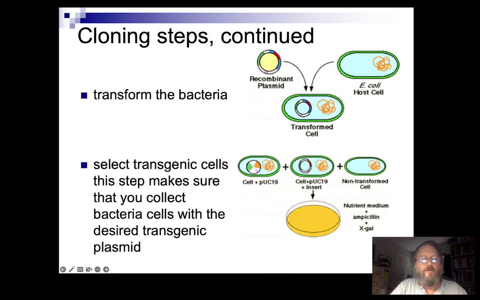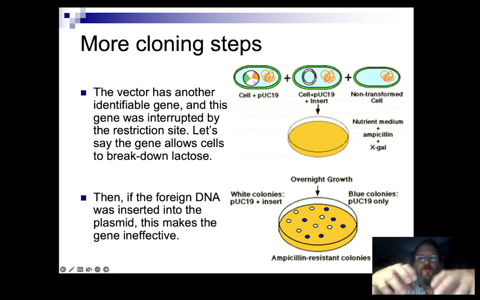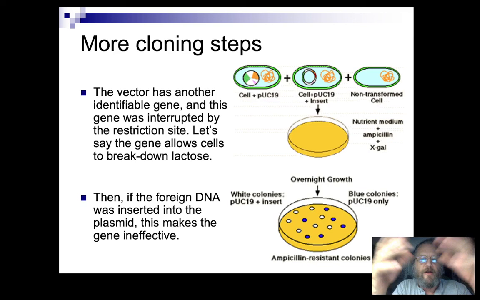All right. So you're basically going to transform the bacteria. That means you mix your recombinant plasmids with your host cells, and you're going to select your transgenic cells by putting them on different media. Okay. So the way that one type of plasmid works is that the site where the recombinant DNA is going to come in disrupts the antibiotic gene.